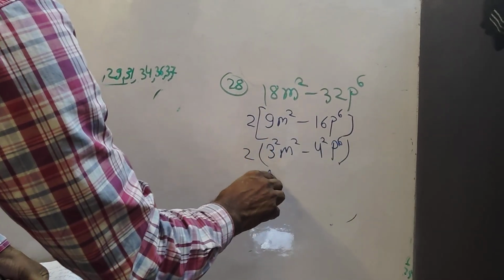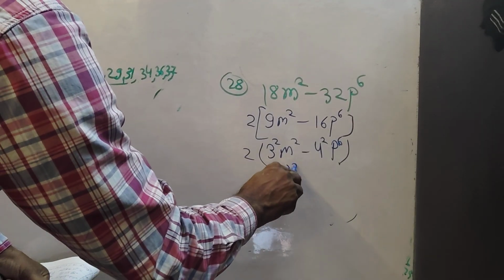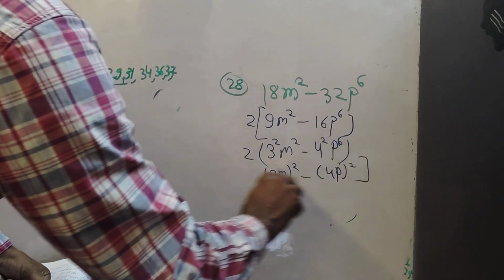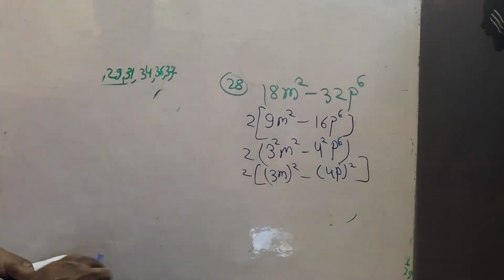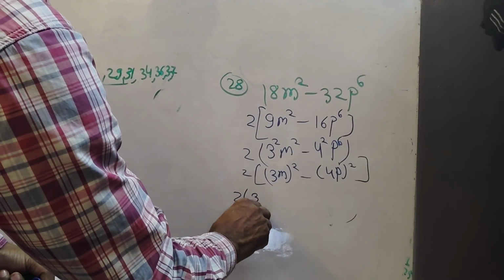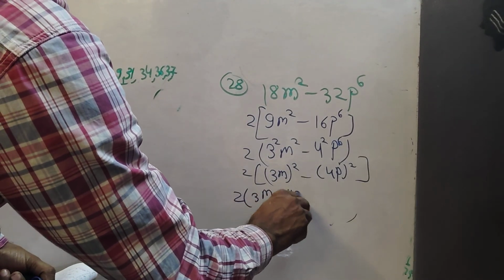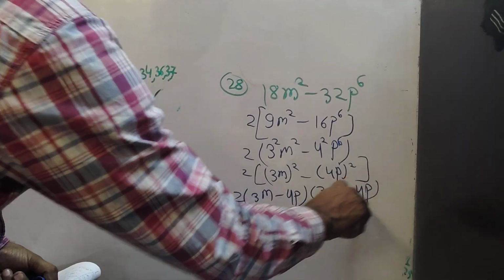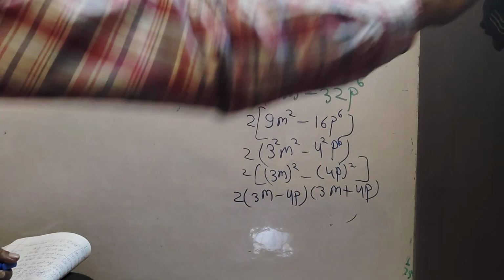Now this is (3m) squared and this is (4p) squared. Now there is the identity a squared minus b squared is (a minus b) times (a plus b). So (3m minus 4p)(3m plus 4p). This is the final answer of 28.